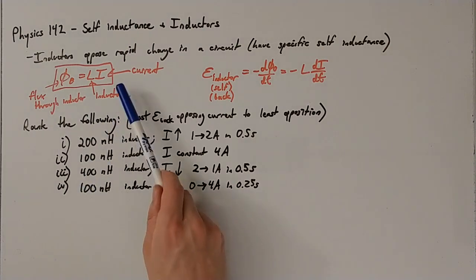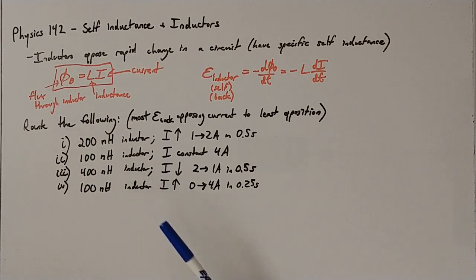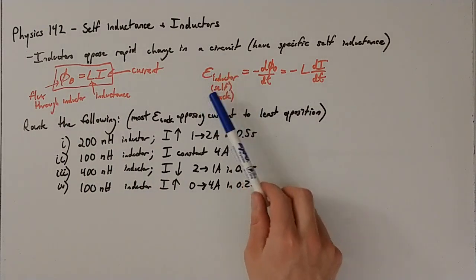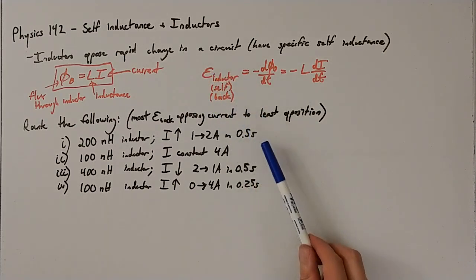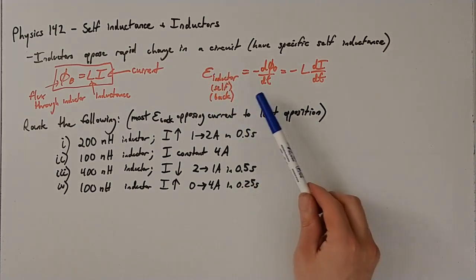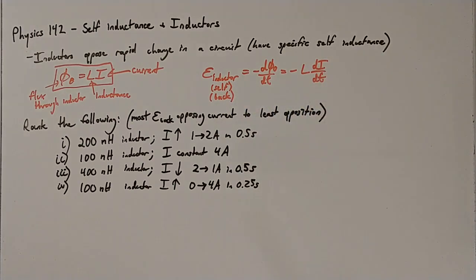If you have more current, you have more flux, and if you have more inductance, you get more flux. That means the EMF across that inductor depends on the inductance and on the change in the current.